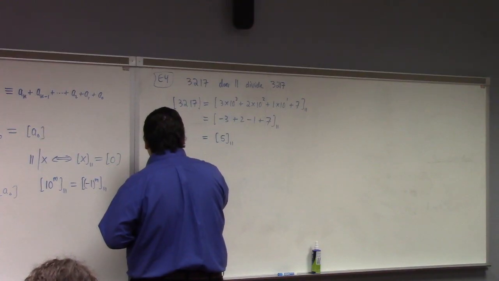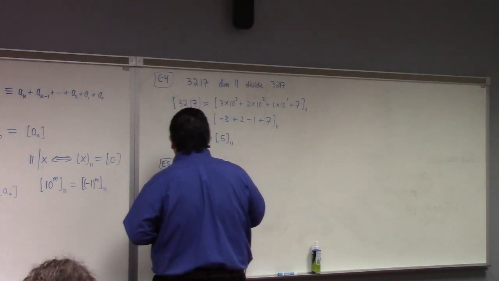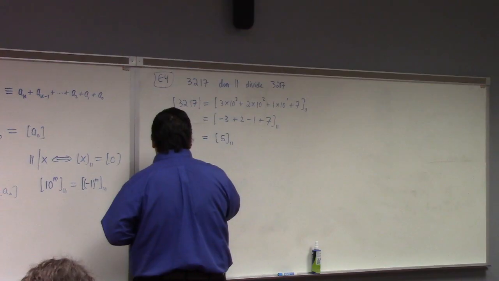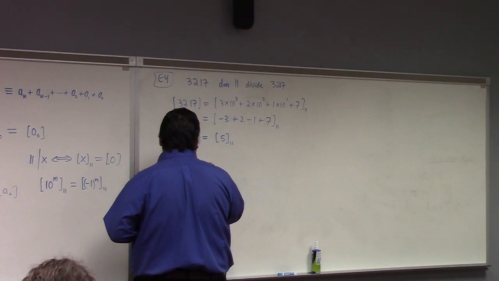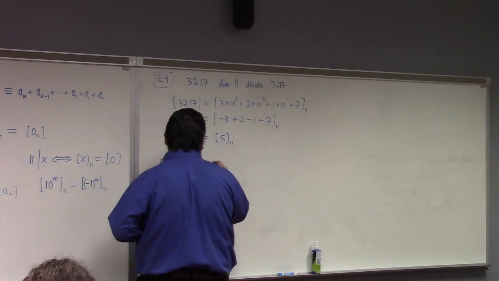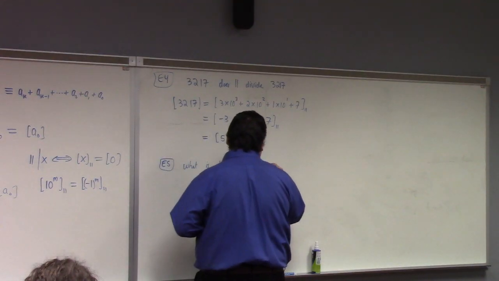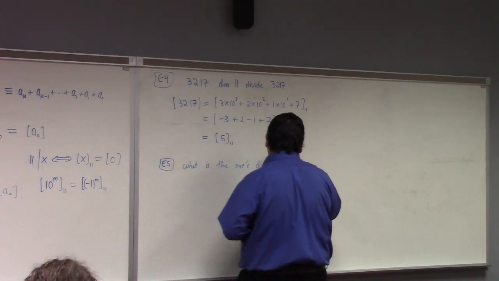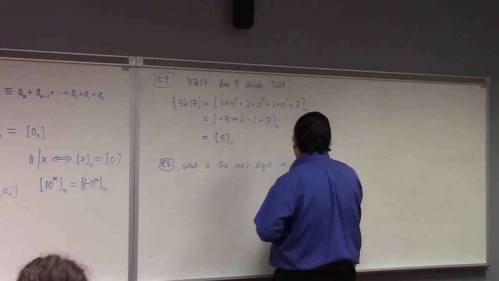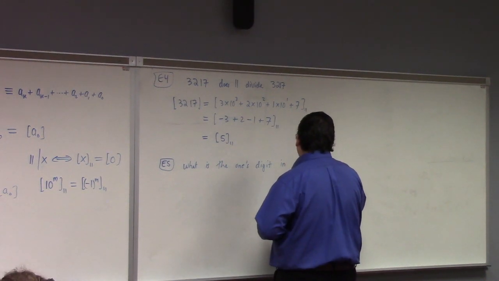Let me work on something a little bit more crazy. What if we wanted to know what is the ones digit in, I don't know, 5 to the 100 power?